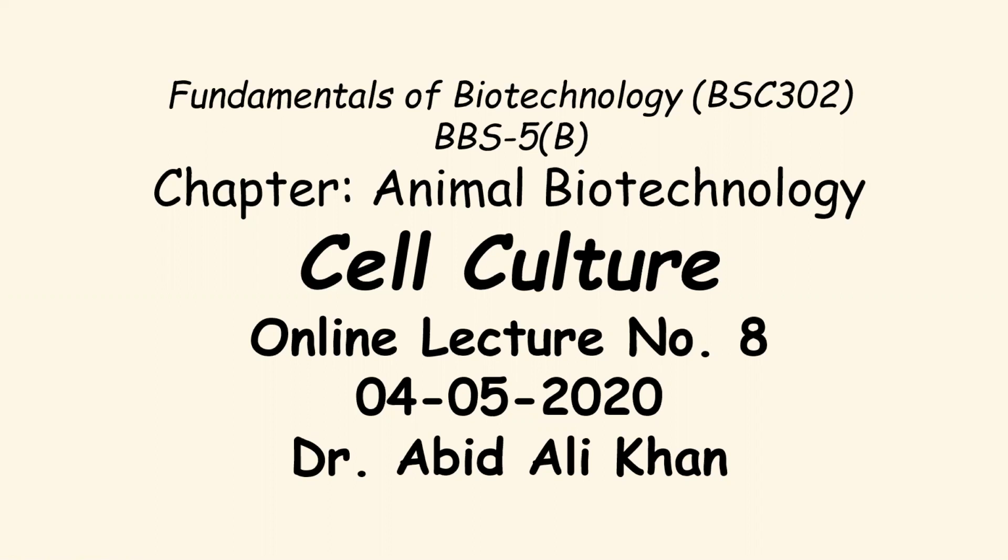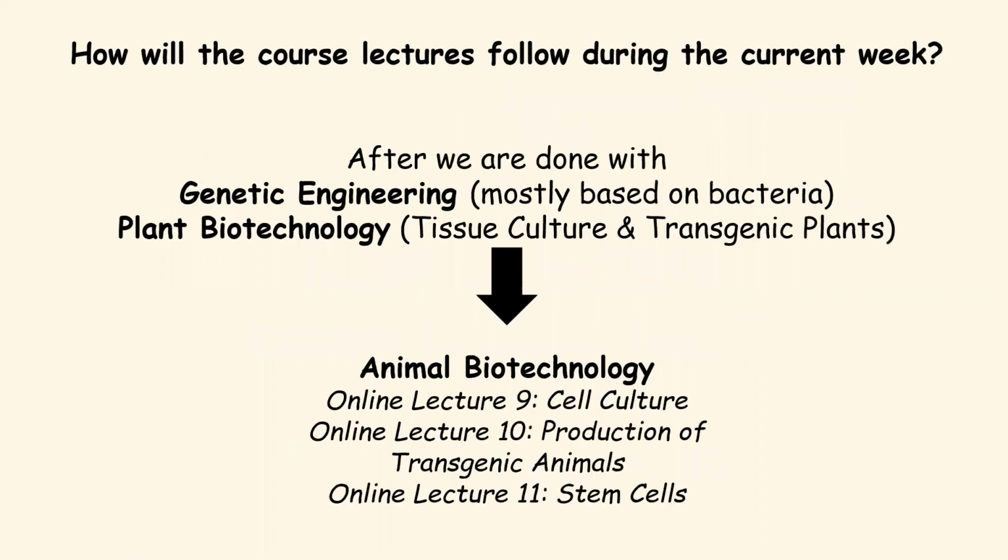And now we are going into the sophisticated part of the course, starting from bacteria, jumping towards plants. Now we are going to animal biotechnology, and I am following this pattern because this would simplify things.